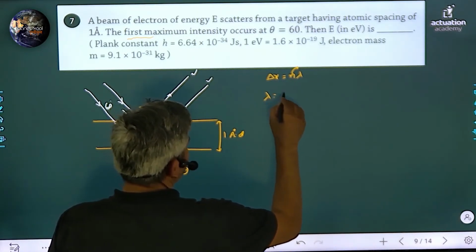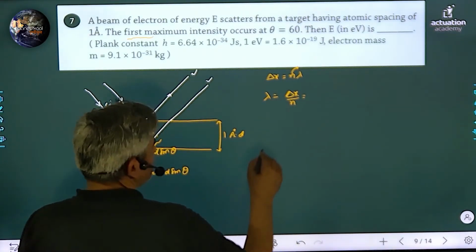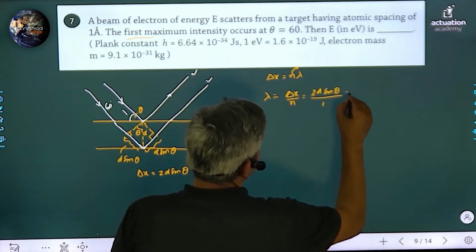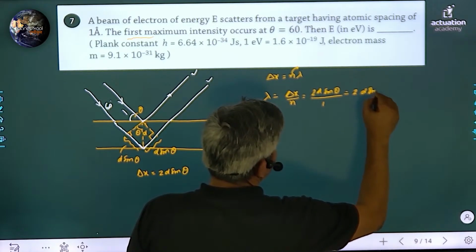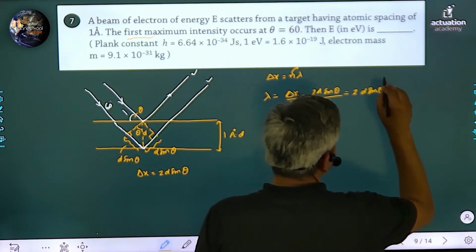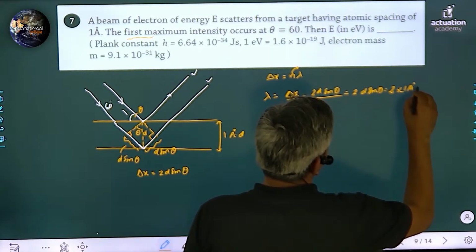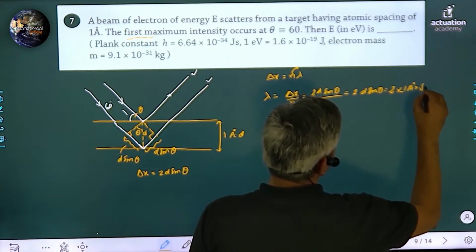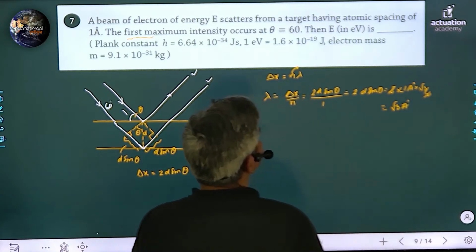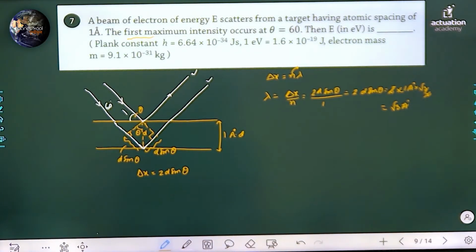So lambda can be written as delta x by n, and delta x is 2d sine theta, and n is 1, so simply 2d sine theta. Now 2d sine theta will give us 2, d is 1 angstrom, into sine theta, which is root 3 by 2, that will give us root 3 angstrom.